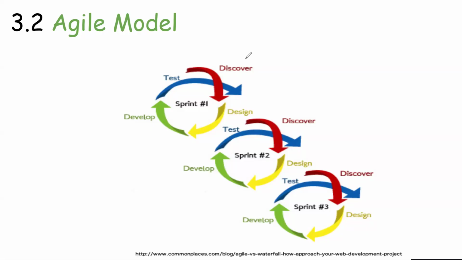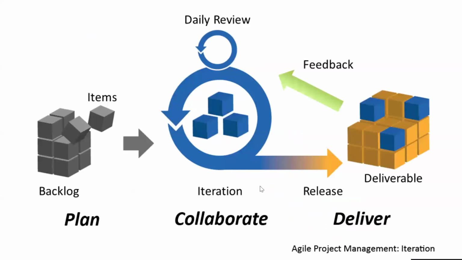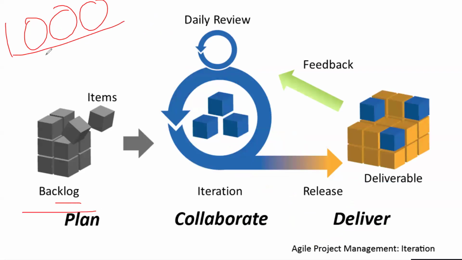Clear. So I hope you understand very clearly what is Agile. So what is Agile, guys, please? It is an iterative incremental model. Whatever we have, 1,000 requirements, we call it a backlog of items. Instead of 1,000 items, we iterate only 10 items, making working software: design, develop, test, and deliver.